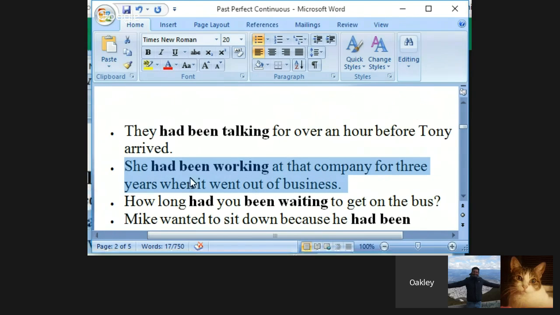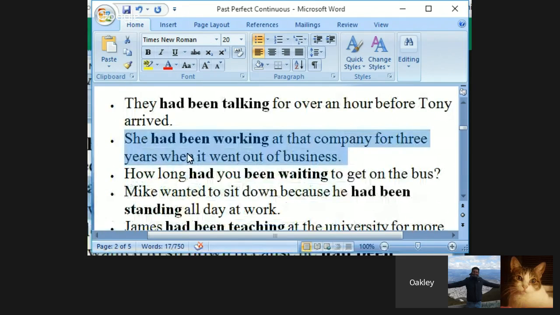Maybe I haven't explained it well enough, but the implication to me is that the closing of the business was planned. She knew it in advance. She worked up until the plant closed or the business closed. And she worked continuously for 3 years up until that time, and then she didn't work again.